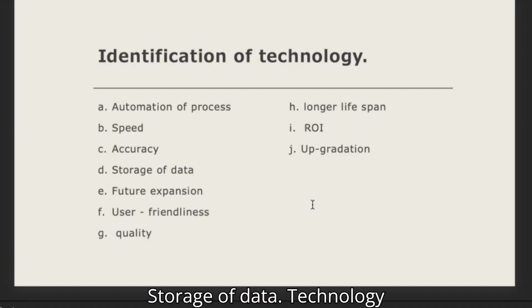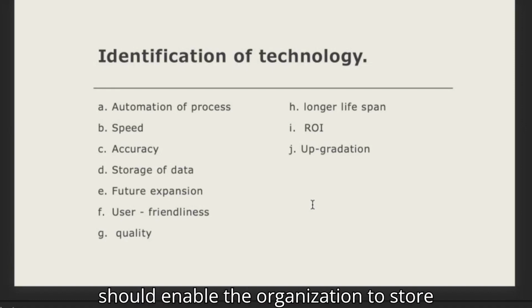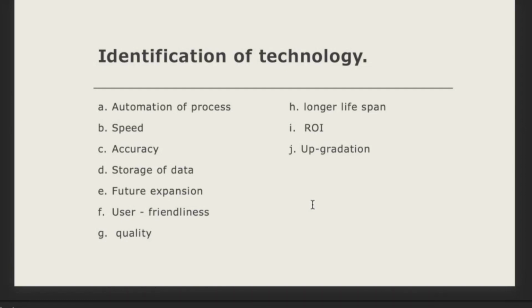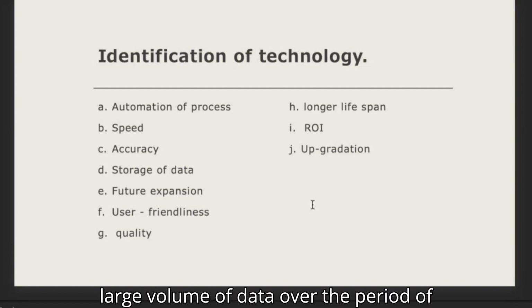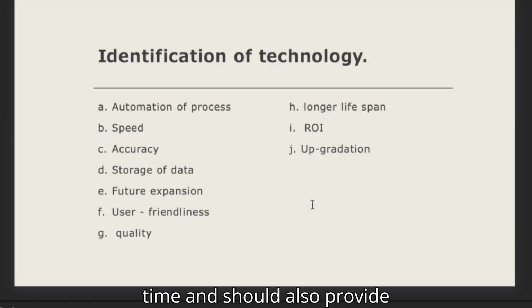Storage of data. Technology should enable the organization to store large volumes of data over a period of time and should also provide for easy retrieval of the data when it is required. Such a technology must be used. That's the reason we use data pools.